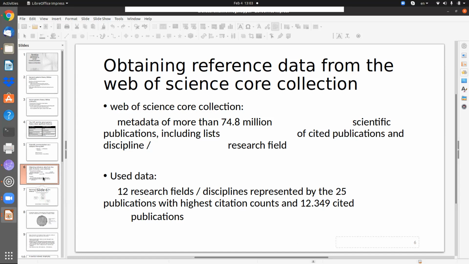I could not include that much, but I downloaded an exemplary 12 research fields, and for each of them 25 publications with the highest citation counts. I went for those with the highest citation counts because they are representing more communication, of course. And with them I downloaded more than 12,000 references.